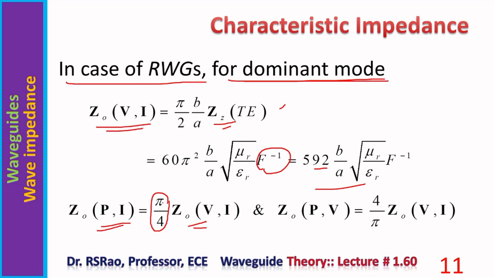So the difference is there; they are related through a factor. Similarly, one can find characteristic impedance using the power voltage relation also. That is going to be 4 by pi times the characteristic impedance arrived at using the voltage current relation definition.